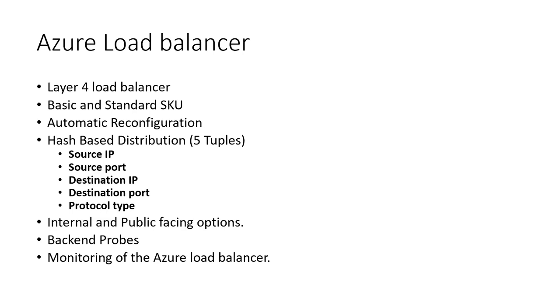Next, we come to the backend probes. When you're using load balancer rules with the Azure load balancer, you need to specify health probes to allow the load balancer to detect the backend endpoint status. The configuration of the health probe and the probe responses determine which backend pool instances will receive the new flows. You can use health probes to detect failures of an application on a backend endpoint.